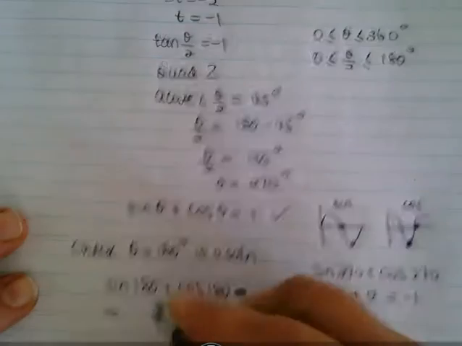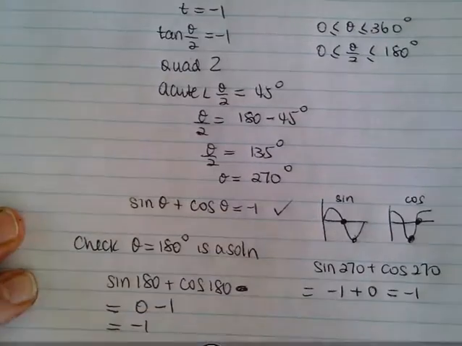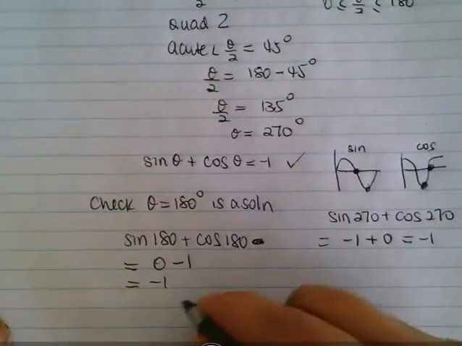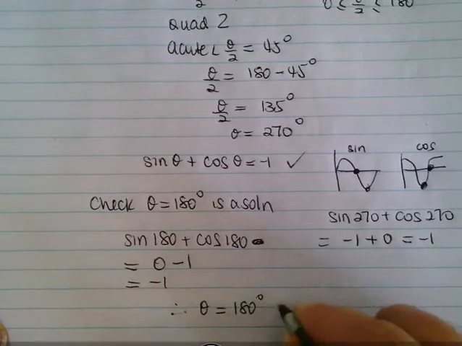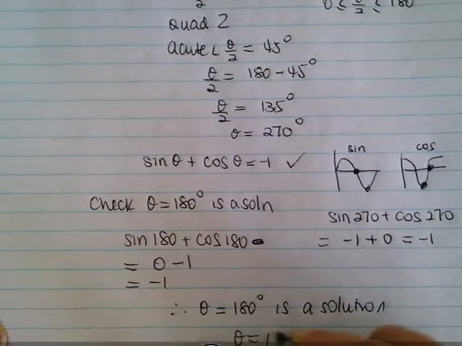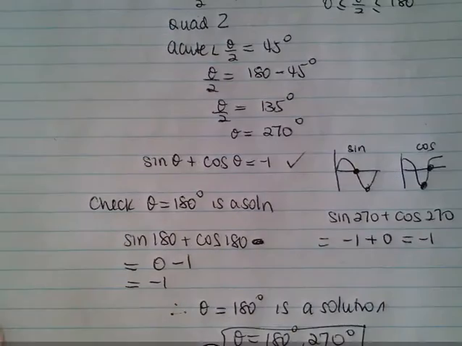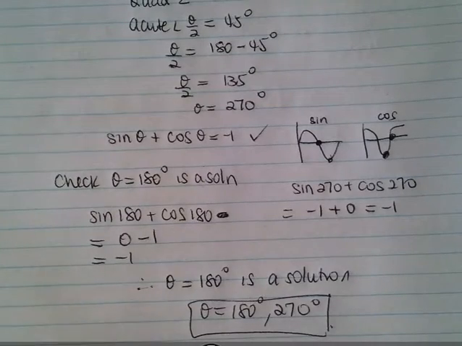And cos of 180 is negative 1. 0 plus negative 1, 0 minus 1 is negative 1. So sine theta plus cos theta does equal negative 1 if theta is 180. So therefore theta is 180 is a solution. So you've got two solutions, 180 and 270. Okay, so this is an example where checking for 180 works.